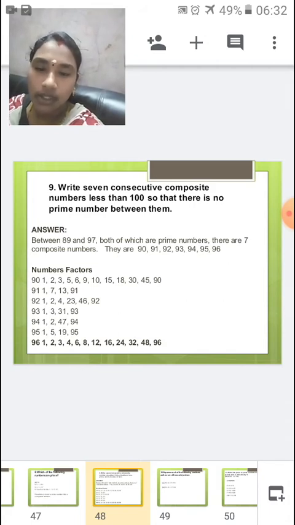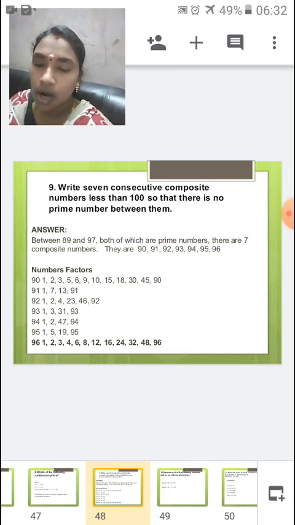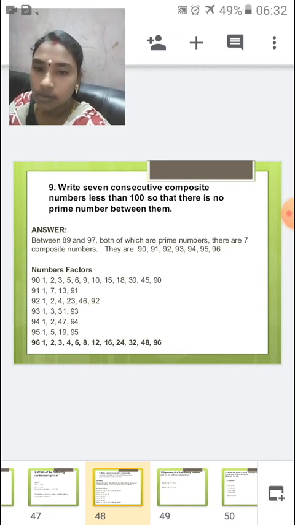Okay. So let us start from the numbers, 90 up till 90. We have the factors 1, 2, 3, 5, 6, 9, 10, 15, 18, 30, 45 and 90.